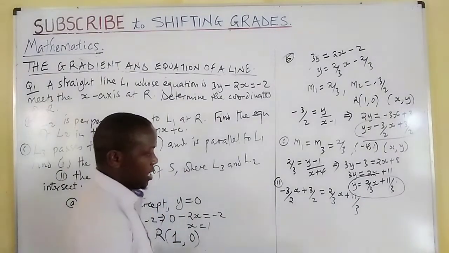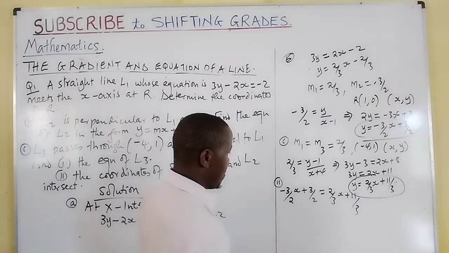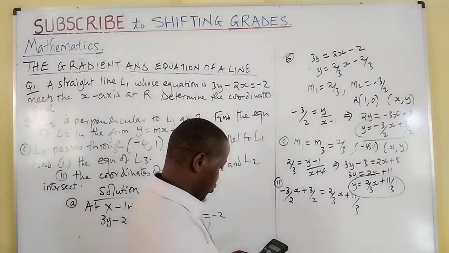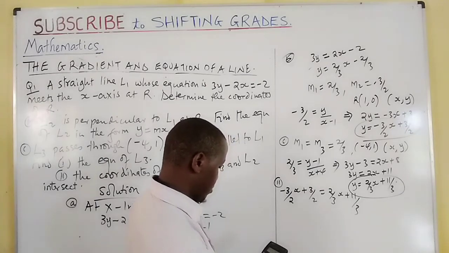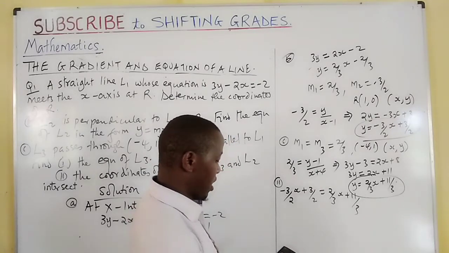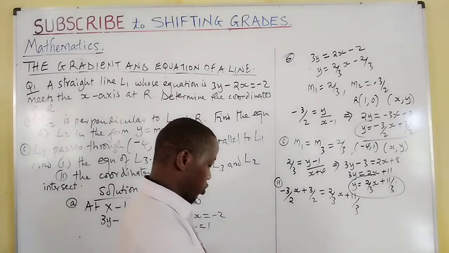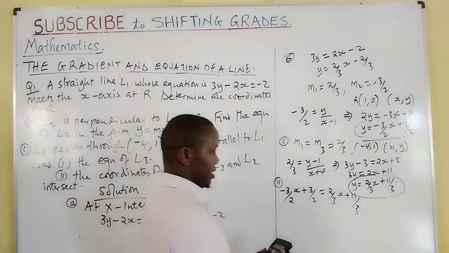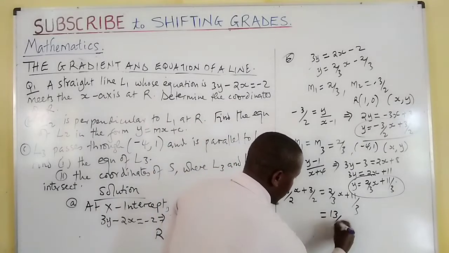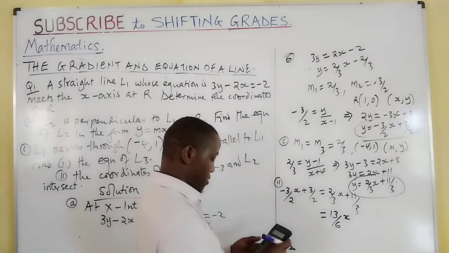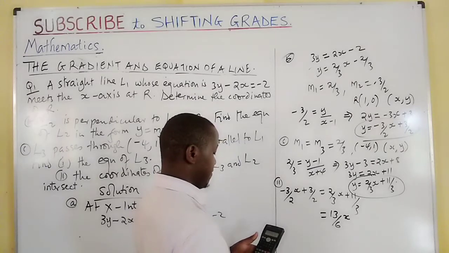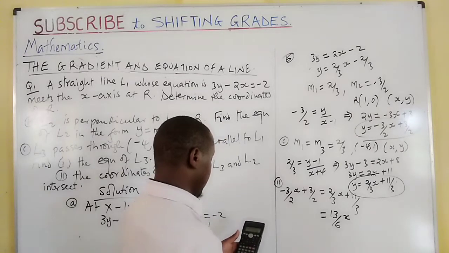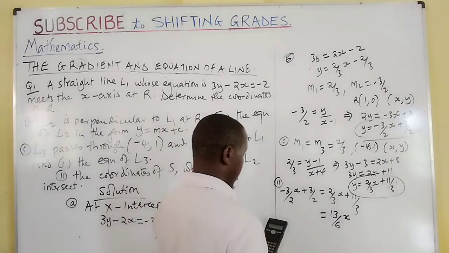We equate the lines. Therefore, in this case, we can group 2 over 3 plus 3 over 2, and we get 2 and 1 over 6, which is 13 over 6. So we get 13 over 6 x. Then 3 over 2 plus 11 over 3, we get 5 and 1 over 6, which is 31 over 6.